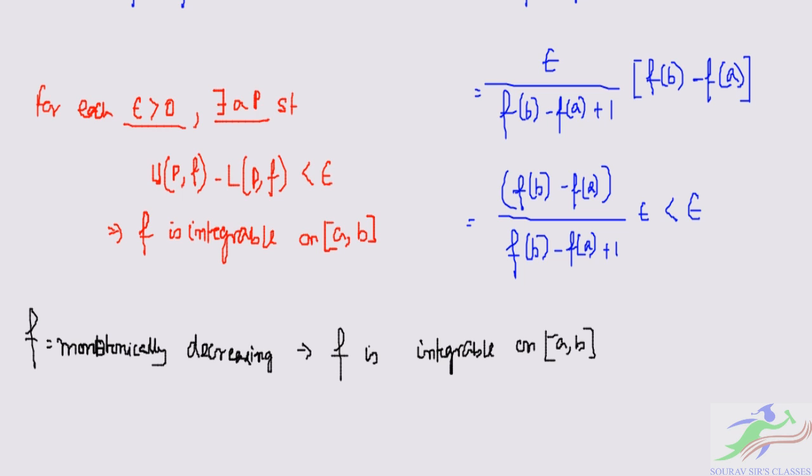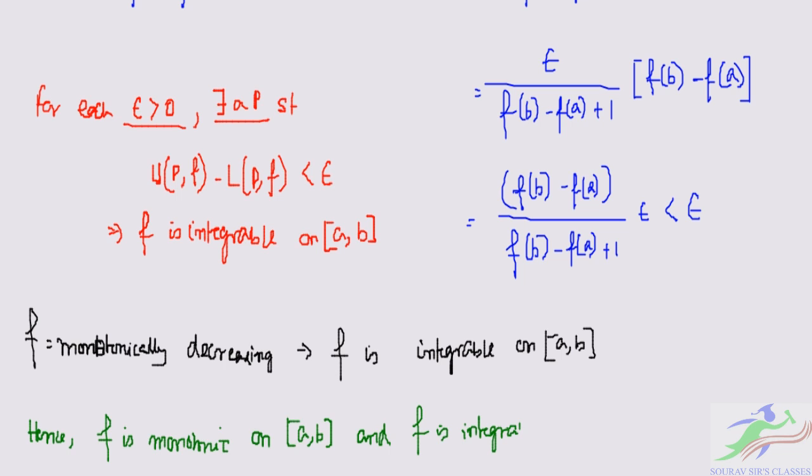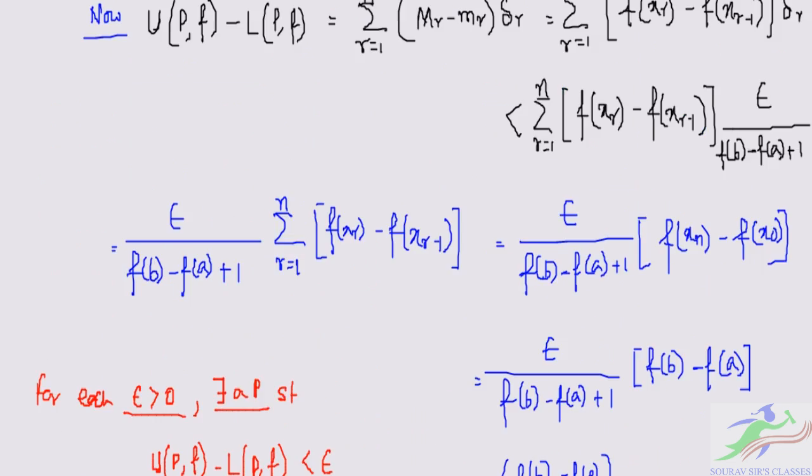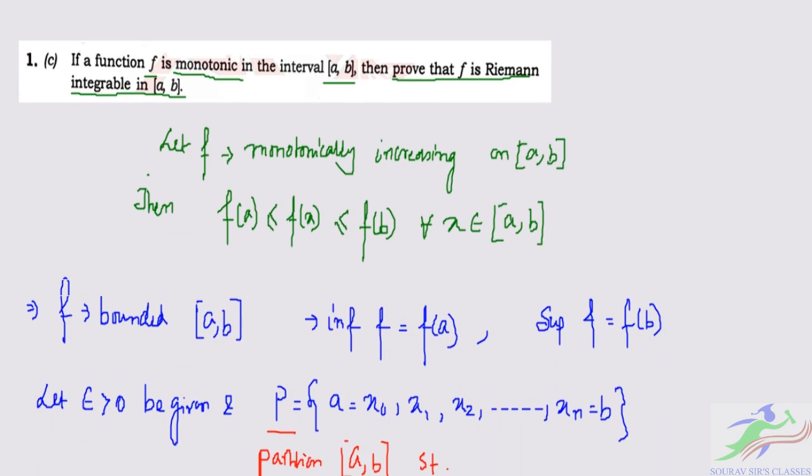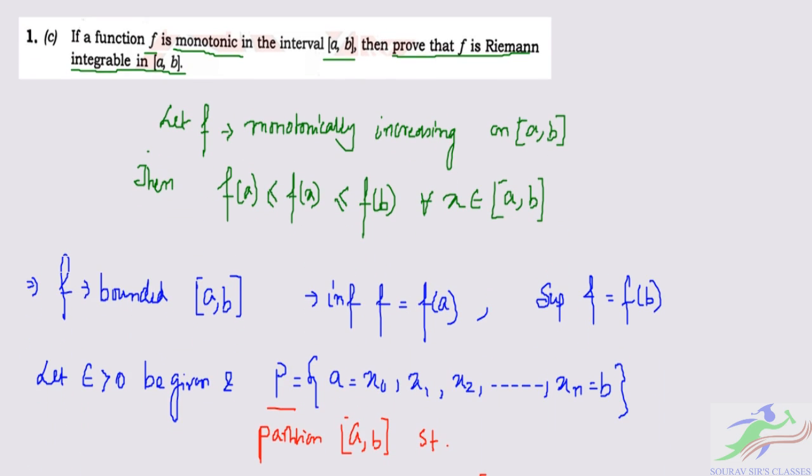So hence the answer is: f is monotonic on a comma b and also integrable on the interval a comma b. So that is the answer for this question number 1C.